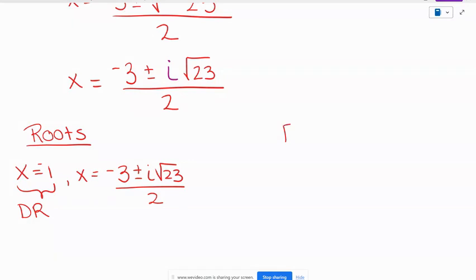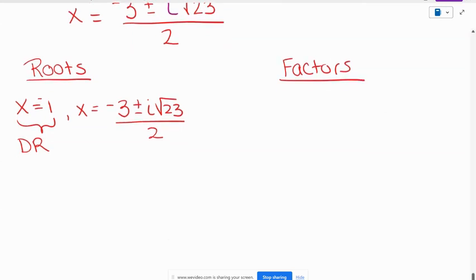All right, now your factors. For your factors, you're just going to set it back equal to 0.